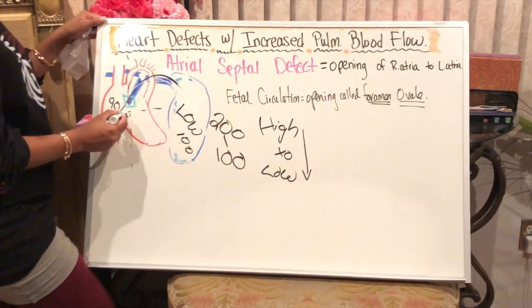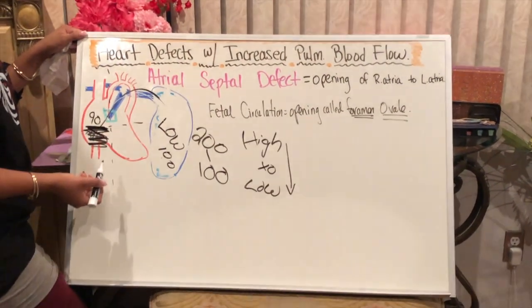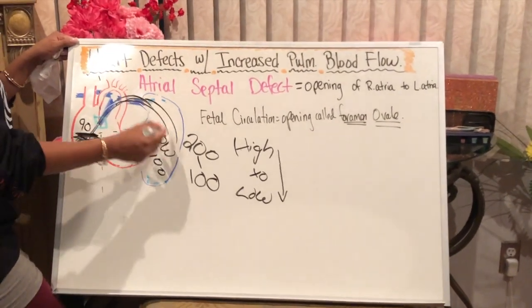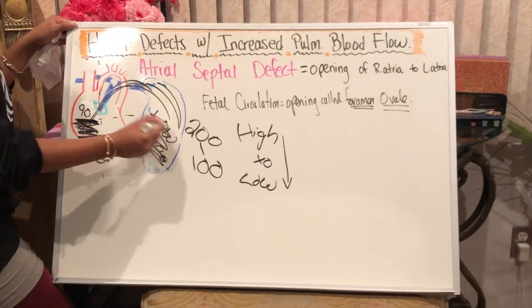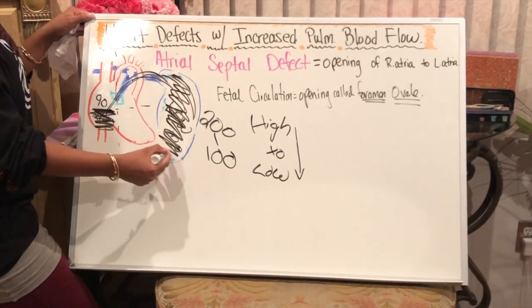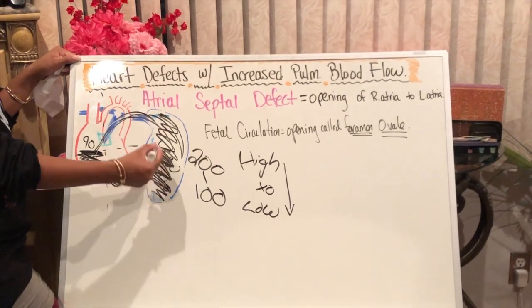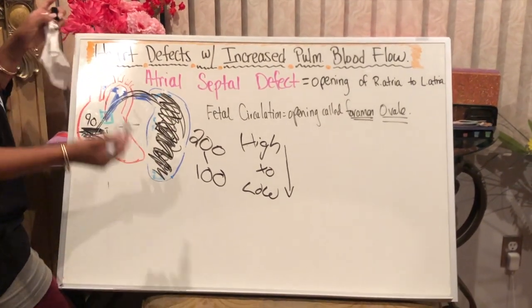If blood is pooling up in here, it's going to be pushed out to the lungs, causing excess blood in the lungs. So blood pools up in the right ventricle, is pushed out, and pools up in the lungs.